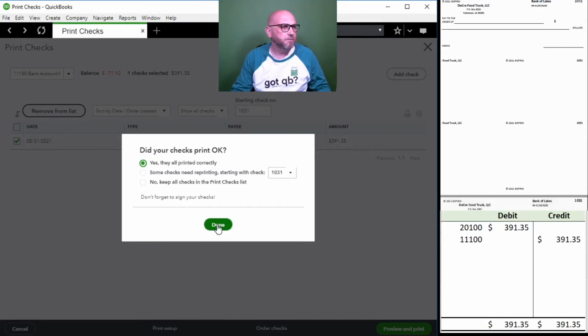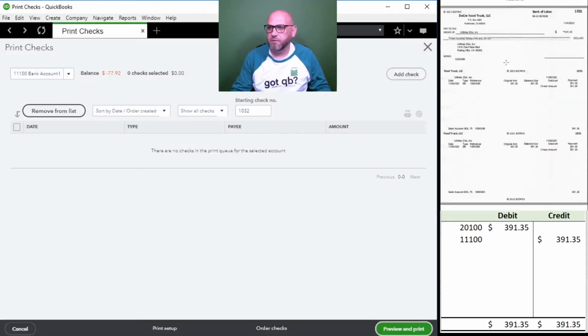So the check would print at this point, and we would make sure it prints correctly. If not, we can go through these steps again, and we're done. And we would get this check.